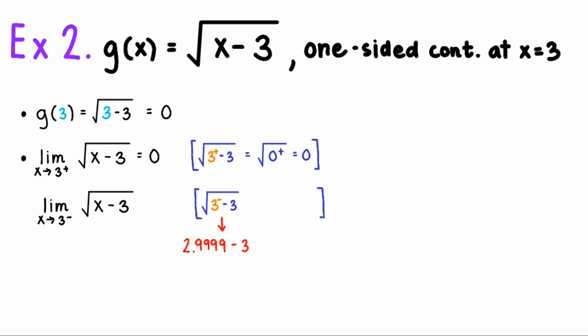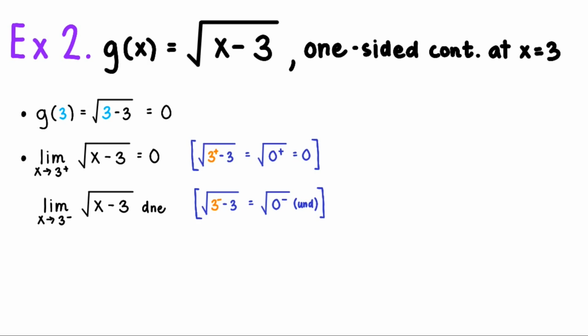So we'll have the square root of 0 with a negative sign to denote values close to 0 but from the left of it, or negative values. And we know that in radicals, in even radicals to be exact, the expression inside must always be positive. Since this one is negative, even though it is close to 0, this value is undefined. And so we say that the limit does not exist.